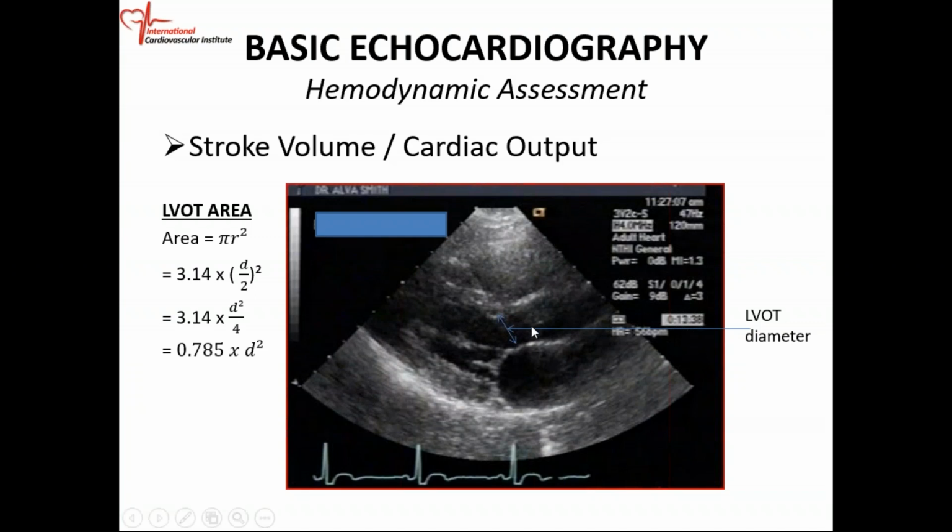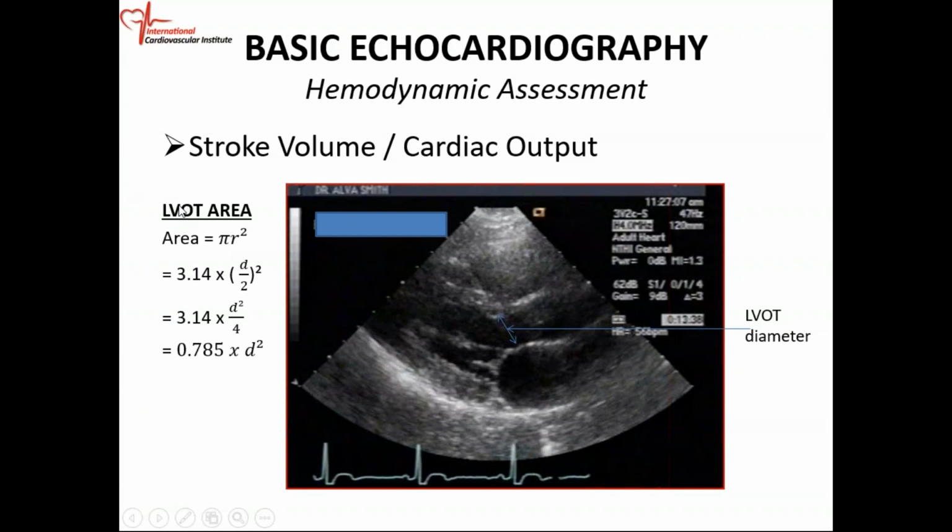Okay? So we assume that the LVOT is circular. If we assume that the LVOT is circular, the area of a circle is pi r squared. Okay? So the stroke volume is equal to the cross-sectional area times the VTI.